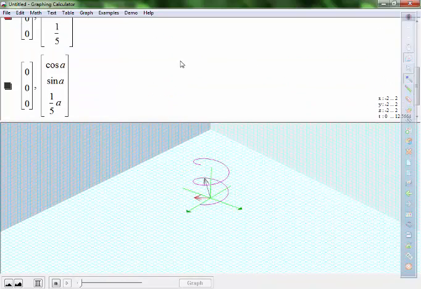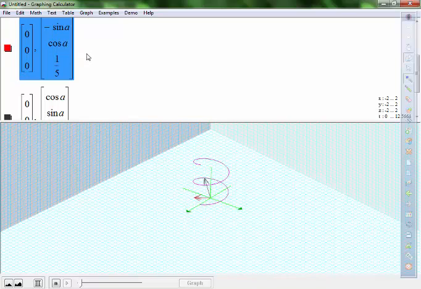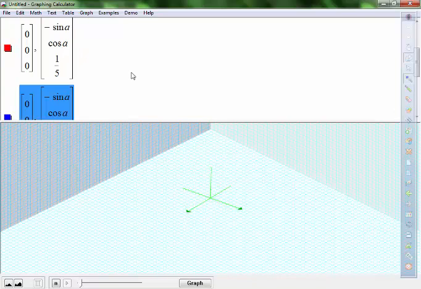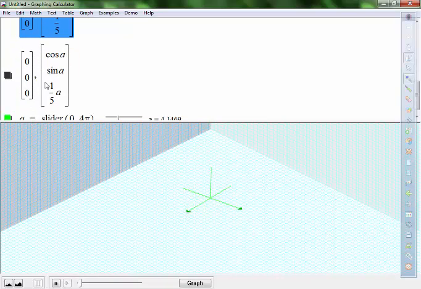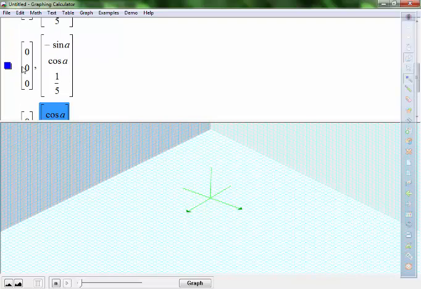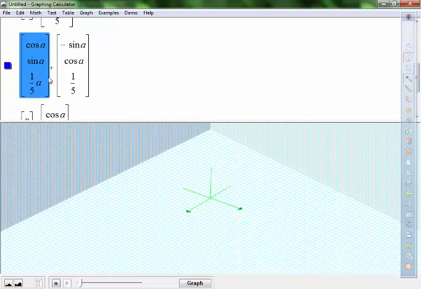So I'm going to take my red vector. Actually, let me keep that red vector. And let's go to the position. Instead of starting at 0, let's go to this position where the vector actually is. So this is my position vector. And one more thing about this graphing calculator is that you want to make sure that you add that to the position vector.